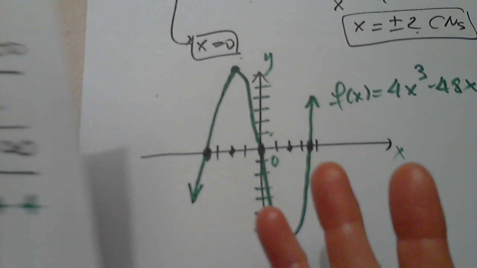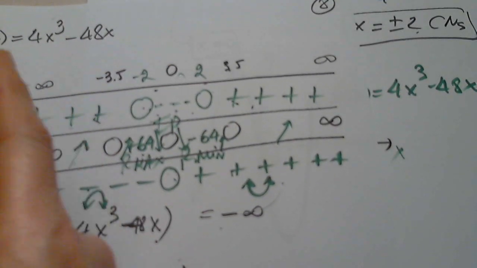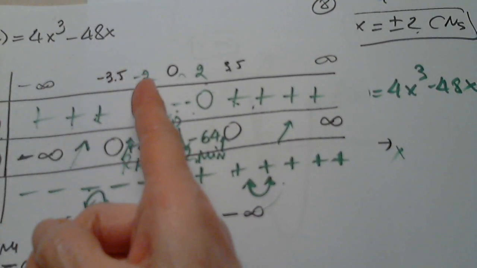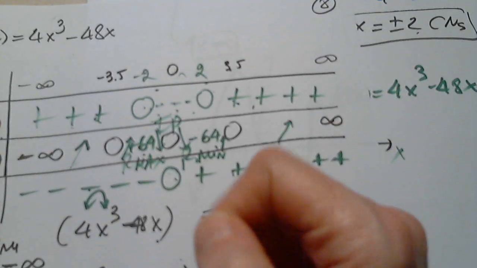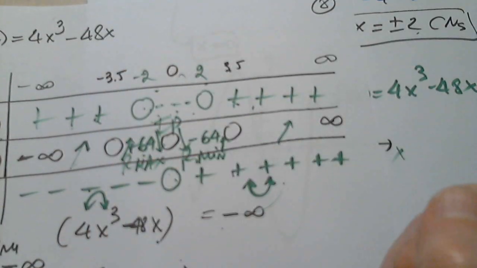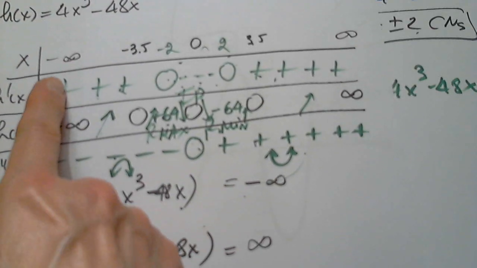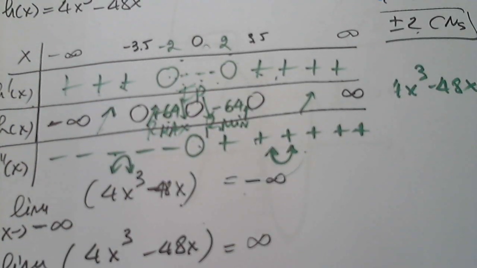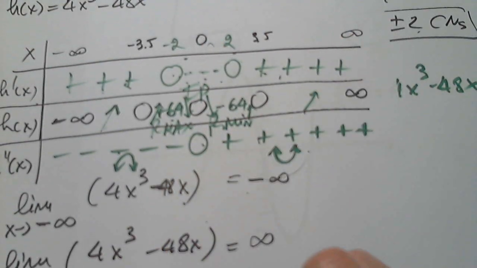So when they are asking us to fill it in, the function is increasing from negative infinity to negative 2, union from 2 to infinity. The function is decreasing between negative 2 and 2. The function is opening downward from negative infinity to 0. The function is opening upward from 0 to infinity.